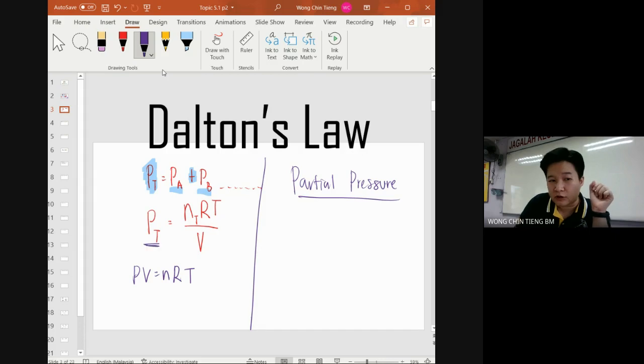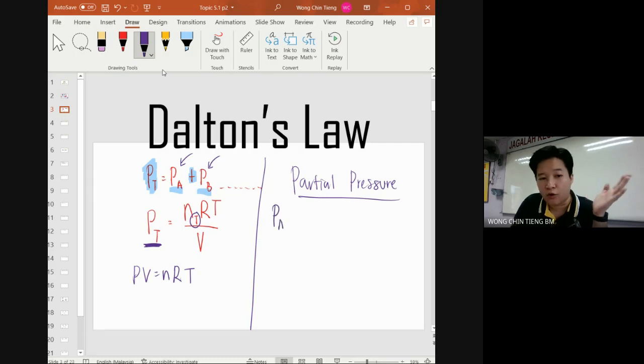Norwesh saying that the total pressure, P total equals to the N total. Okay lah, setuju lah yang tu. So P total kena guna number of mole total. How about if I just want the partial pressure? What would be the formula if the question asking for the partial pressure of A? Anyone?